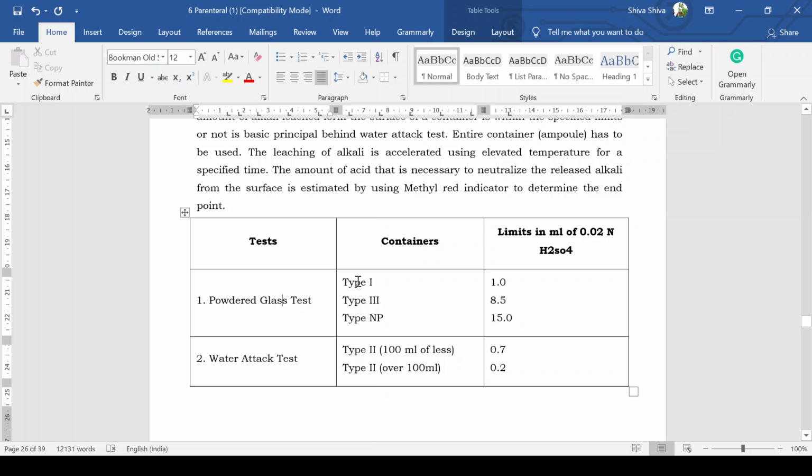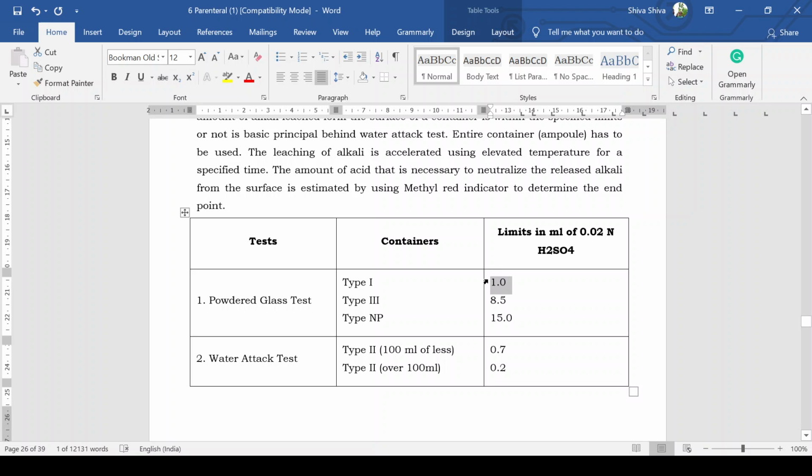So in case of powder glass test, if type 1 glass is there, then the amount of acid which is used for neutralization of alkali, the type of acid is 0.02 normal H2SO4. So 0.02 normal H2SO4 for type 1 container should not be more than 1 ml.